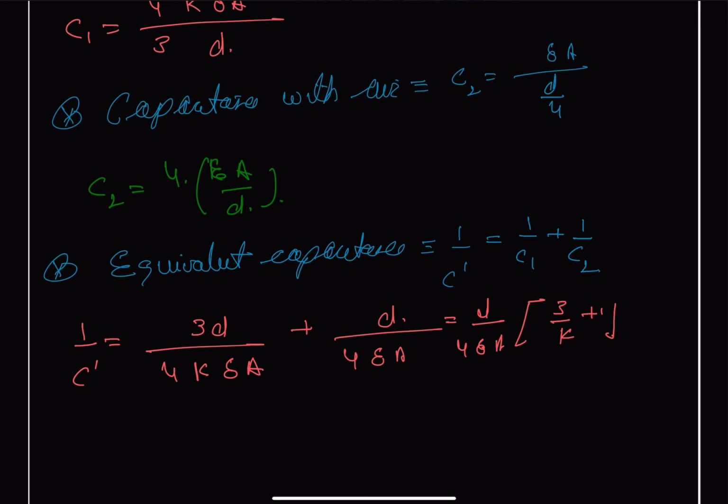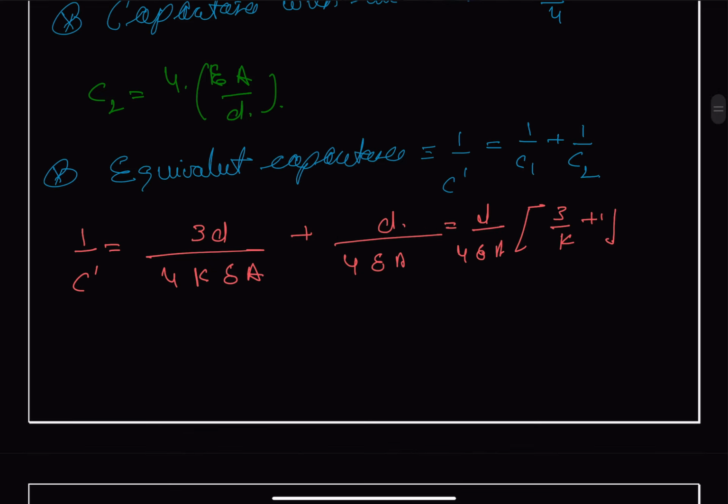So we get C prime equal to 4 epsilon naught A upon D times K upon 3 plus K.